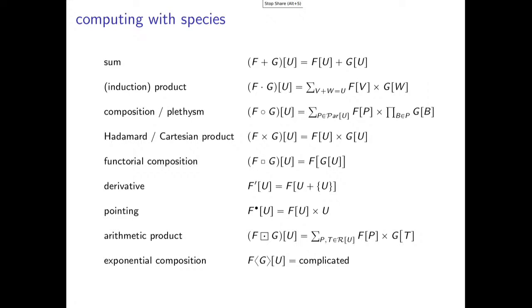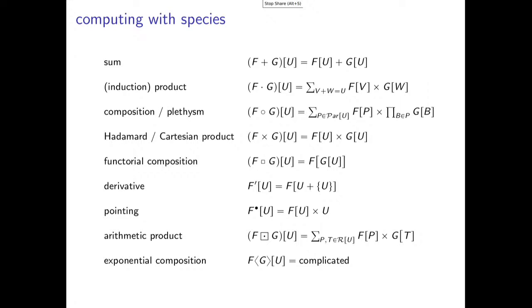You should think of them as all distinct, and then you partition them somehow into a set V and a set W, and the whole set is U. And here you put an F structure on them, and here you put a G structure on them.